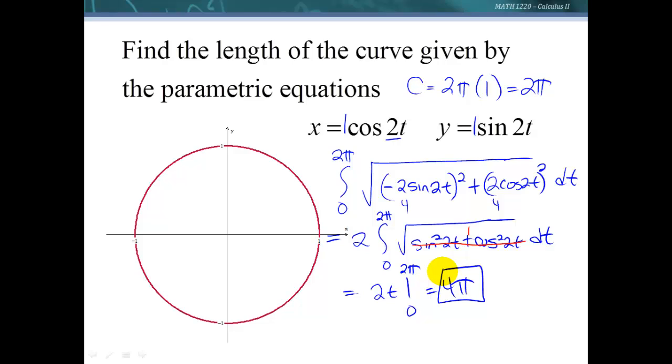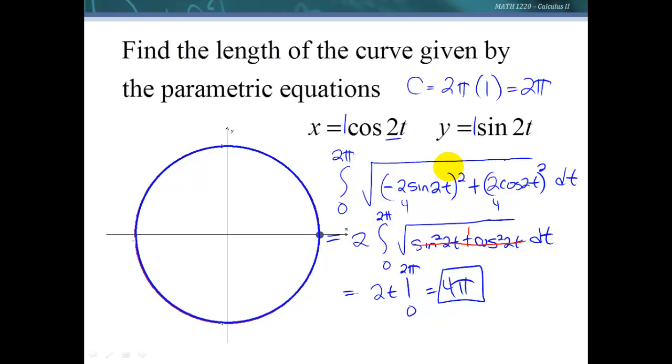What's wrong is something that we have to be careful of as we're working with parametric curves, because I integrated from 0 to 2 pi, but as you look here, the period is 2 pi over 2, or pi. So from 0 to pi, I actually trace out that circle 1 complete time, because if I put pi in here, I'd have the cosine of 2 pi, and I'd be back around.